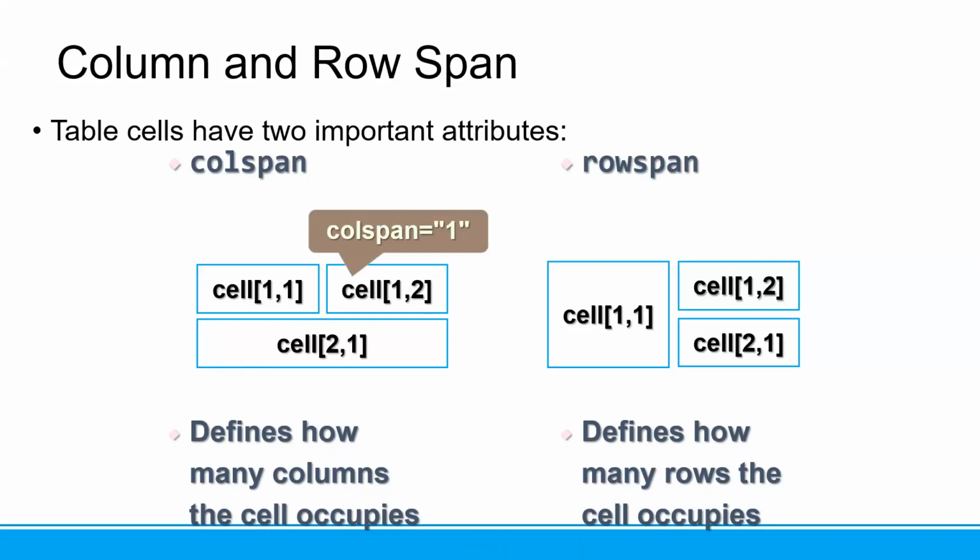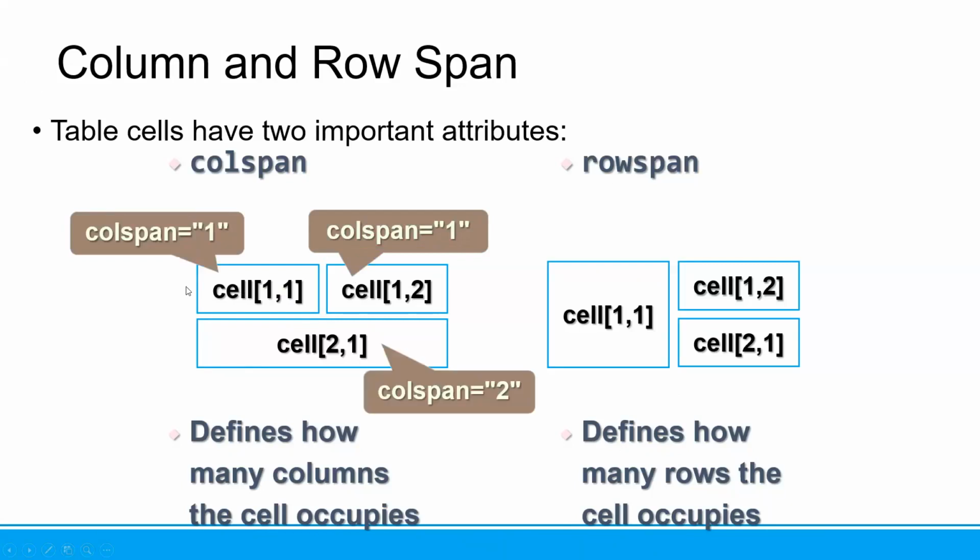In this case, we can say we have the column span equal to 1. And in the below part, we have the column span equal to 2, because 2 cells are merged into 1. That's why we call it column span equals 2.